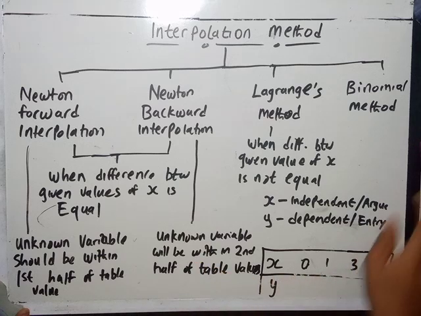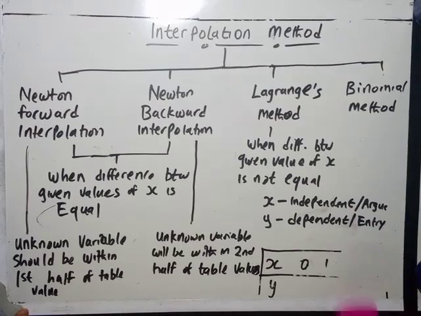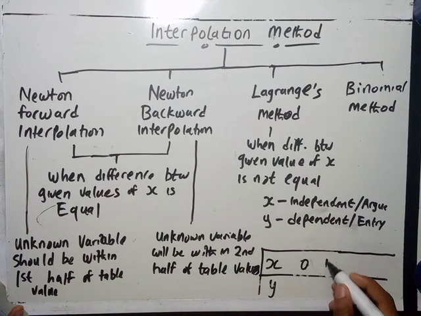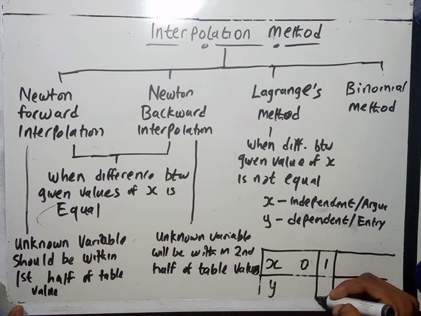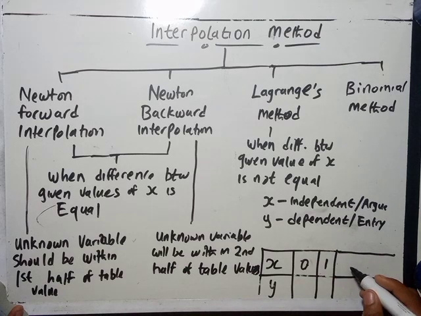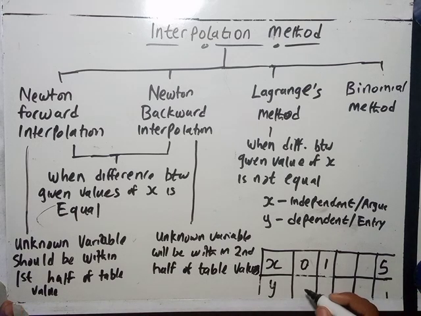Whenever you are given a table and you're asked to fill it, let's say for instance this is 0 and here is empty, here is empty, and they tell you here is 5, something of this nature. And maybe they gave you the values, let's say 8, 7, and 14.